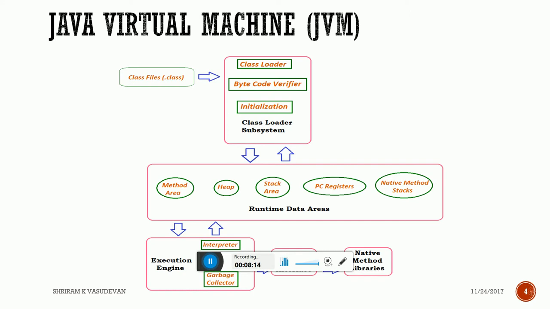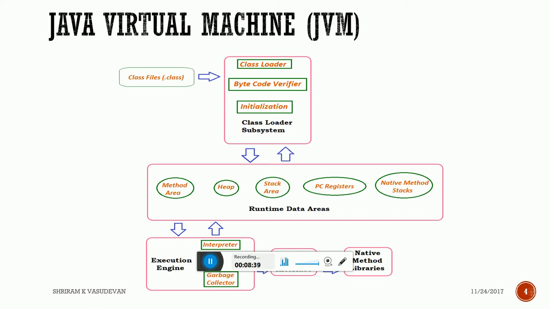In the method area, all the class information like class name, parent class name, variable information, etc. are stored. The heap area is the one where information about all the objects is stored, and one should also remember that there will be one heap area per JVM, which means each JVM will have only one heap area.